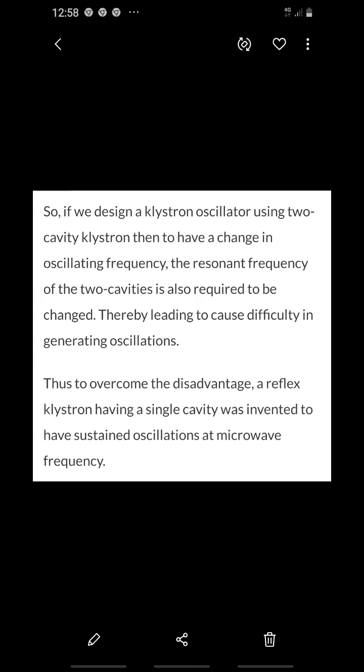So, if we design a klystron oscillator using a two cavity klystron, then to have a change in oscillating frequency, the resonant frequency of the two cavities is also required to be changed, thereby causing difficulty in generating oscillations.